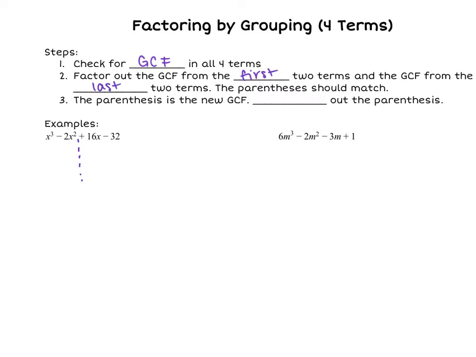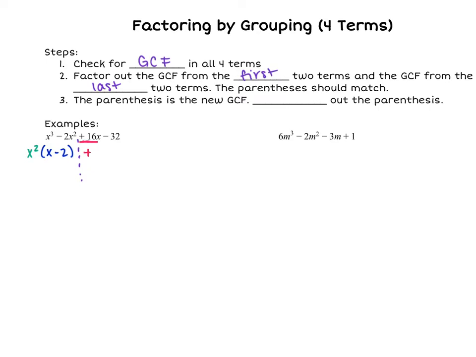Looking at this example, in the first 2 terms, the greatest common factor is an x squared, and we are left over with x minus 2. When looking at the last 2 terms, I'm pretending that this positive 16 is a lead coefficient, and since it's positive, I'm not going to have to factor out a negative, so I'm just going to put positive there.